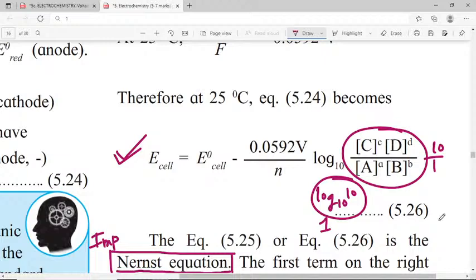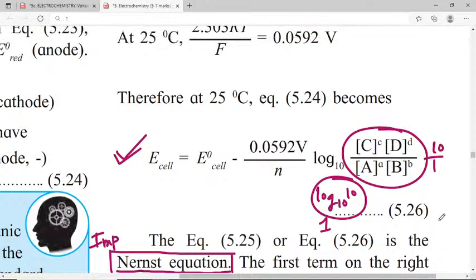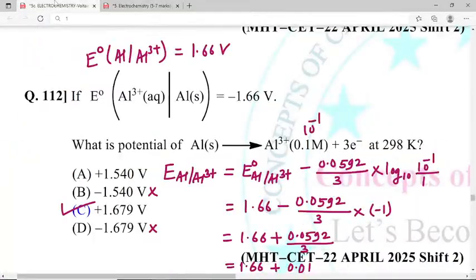I am labelling it important. E cell equals E naught cell minus 0.0592 divided by n, log to the base 10 of product divided by reactant, the concentration of product divided by the concentration of reactant. Substitute the values and you will get the answer.